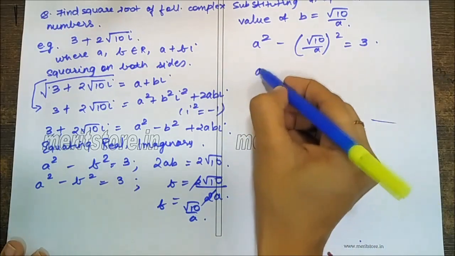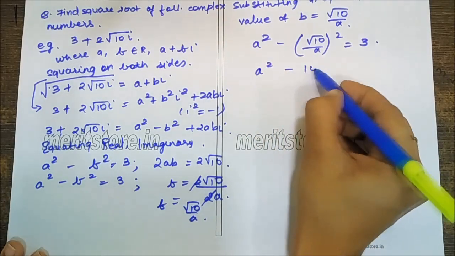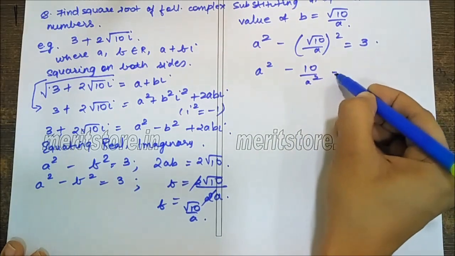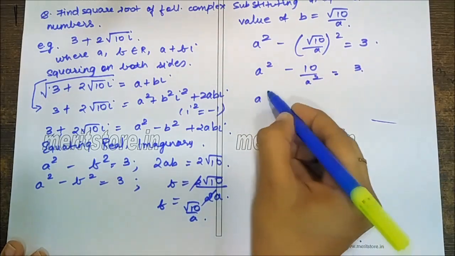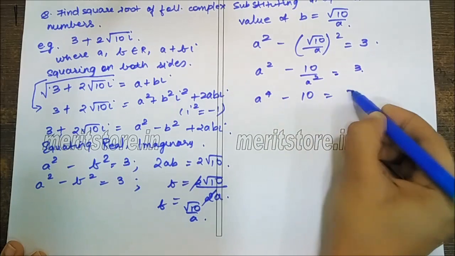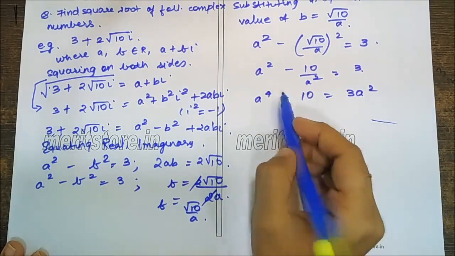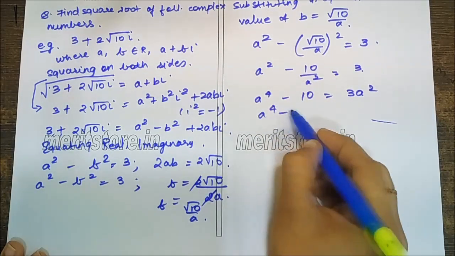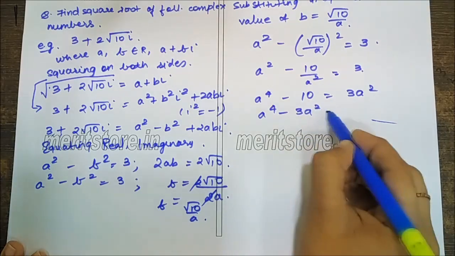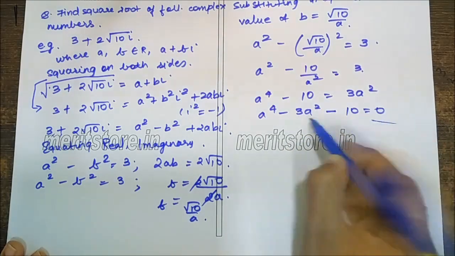So a square minus 10 upon a square is equal to 3. LCM. So a raised to 4 minus 3a square minus 10 equal to 0.